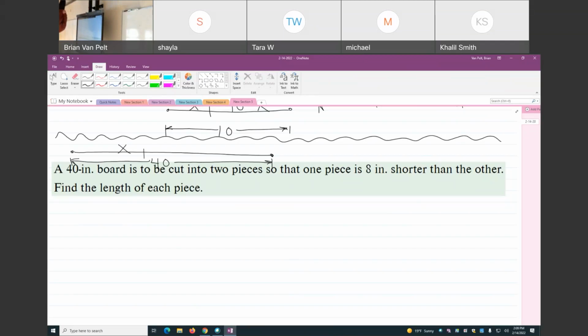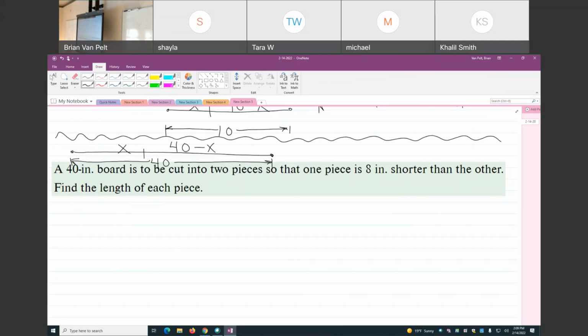Called X, because I'll be asked to find the length of both pieces. What's going to automatically be the length of the other piece? Don't answer the question. I'm still setting up. What should I put in the blank area of that thing that I drew? 40 minus X. So one piece is X, the other piece is 40 minus X. Understand?